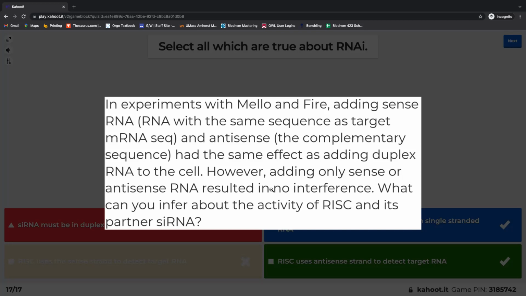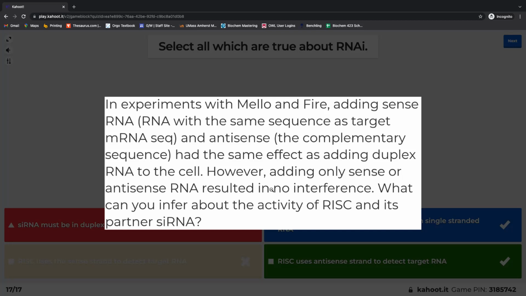We call those sense and antisense. Anti means complementary, essentially. So in the duplex, you have both the sense and an antisense. Mello and Fire put in both the antisense and the sense. That's the first iteration. They have the same effect. When they added just the sense, nothing happened. So what can you infer from the fact that you had to add both?